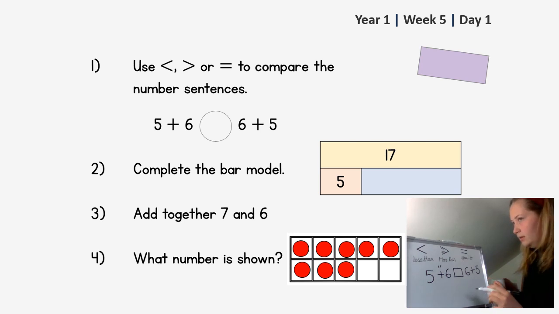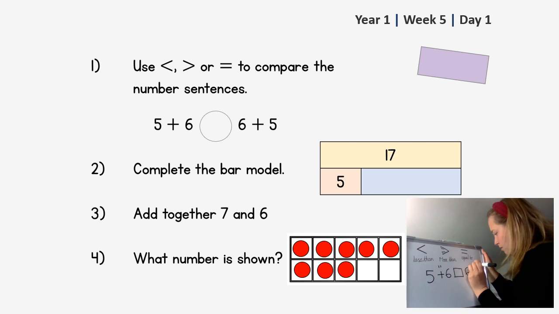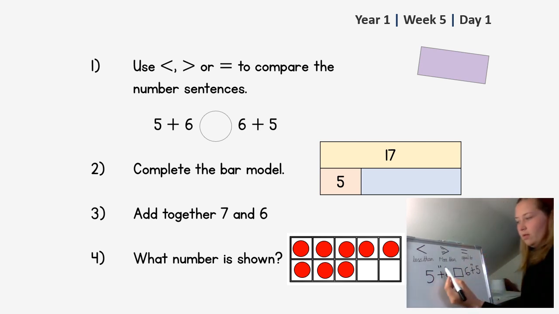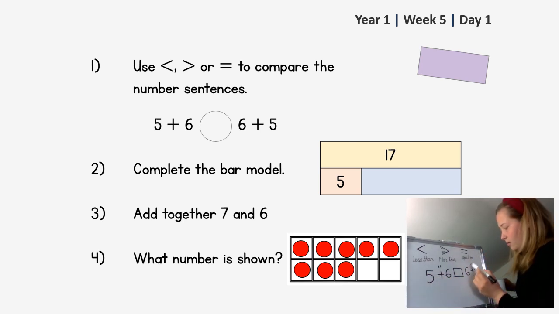This one. So, this side equals 11, this side equals 11. So, is this side less than, more than, or equal to? You should have put the answer equals. Now, you could do it the way I did it, or realise that they're using the same numbers. Both got a 6, both got a 5. So you know that they're all going to be the same. So the answer to this one is equals.